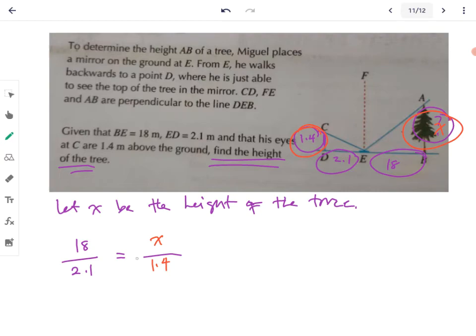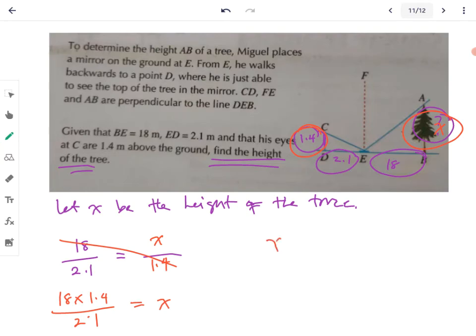The same thing, we will multiply and divide by 2.1. So it's like saying 18 times 1.4 divided by 2.1 is just x. So no need to cross multiply the 2.1 to x, because after that, if you multiply 2.1x, you need to divide again by 2.1.